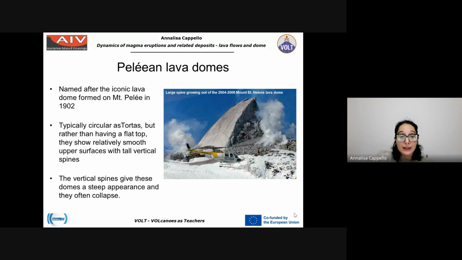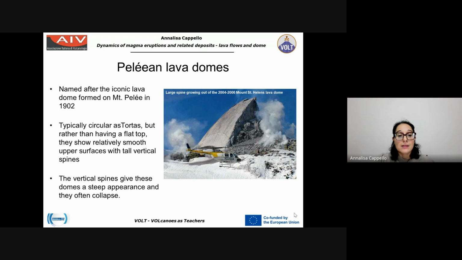The Peléan lava domes have been named after the iconic lava dome which formed in 1902 in Mount Pelée, which then caused a collapse that destroyed Saint-Pierre in Martinique.